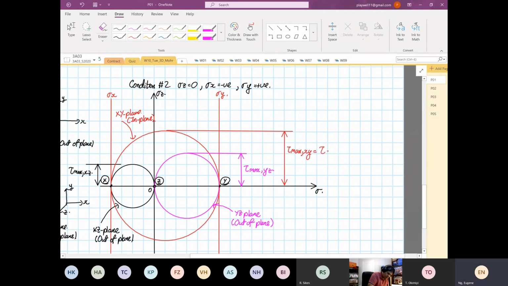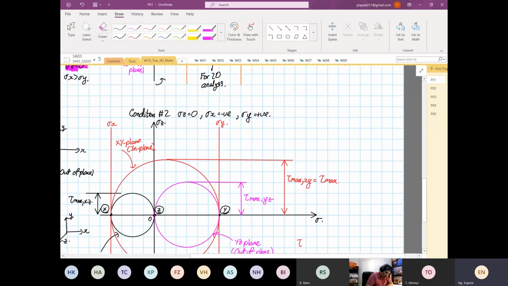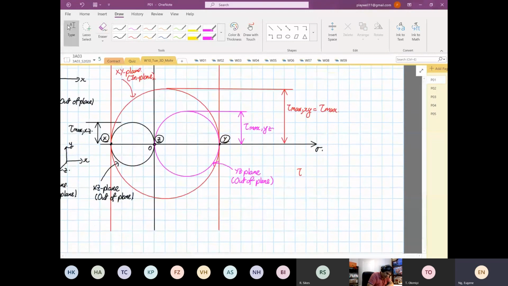is equal to our shear max. Okay. So for this case, as you can see, that we have shear, like before, like our shear max now changes.